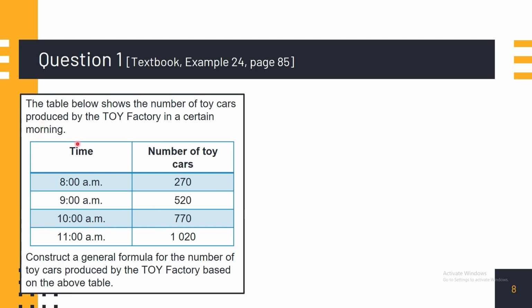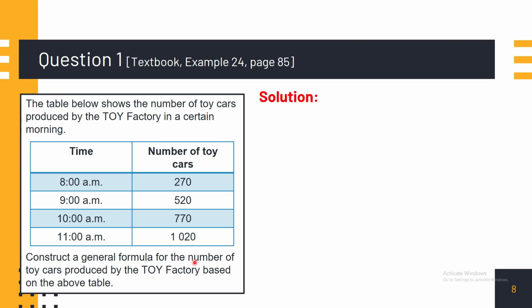Then construct a general formula for the number of toy cars produced by the toy factory based on the above table. In this question I will show you a simple trick that makes it an easy way to generate the general formula.